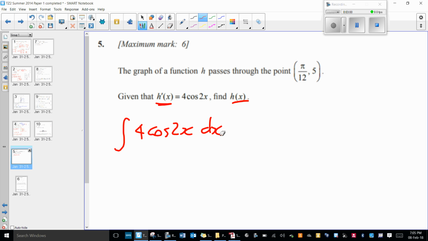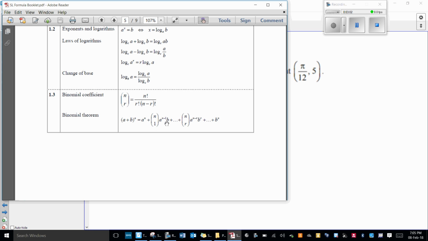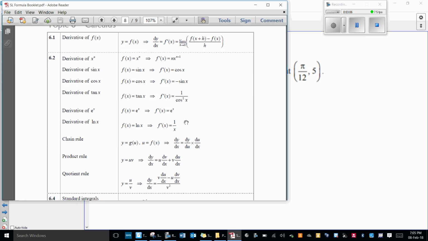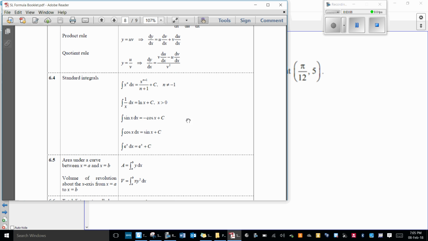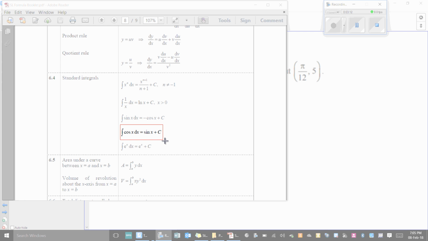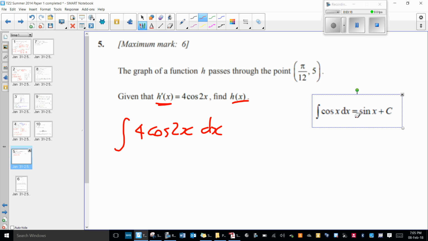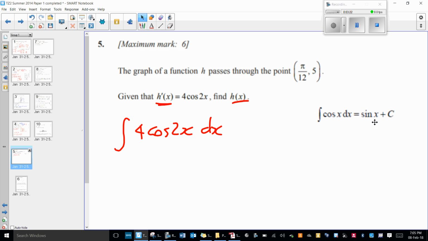So we need to find the integral of cos. The integral of cos is sine, but obviously we've got numbers here and here, so we have to take those into account when we do this.